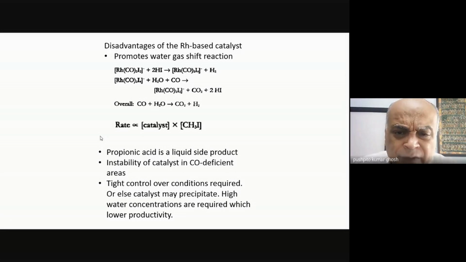In other words, the productivity of the catalyst was a bit limited because of these kinds of issues. And so what now happened is something very, very interesting.